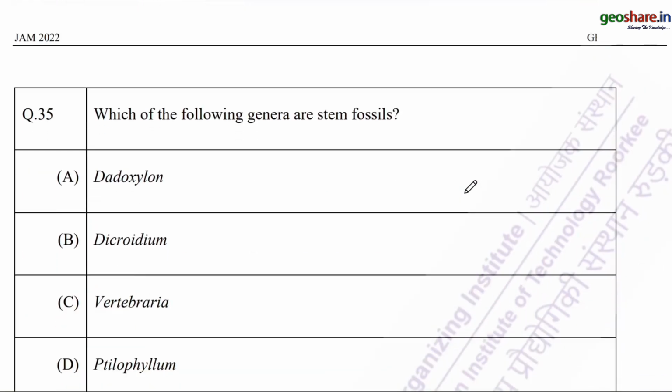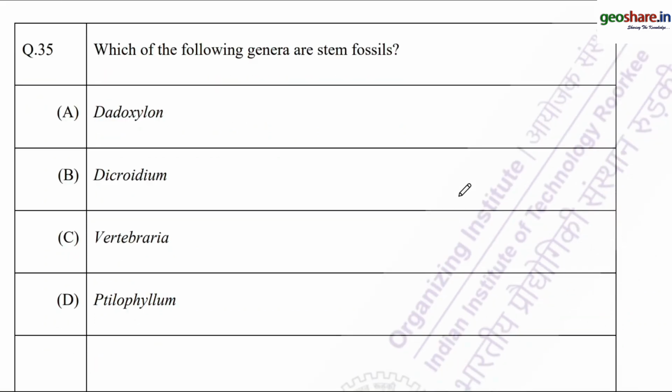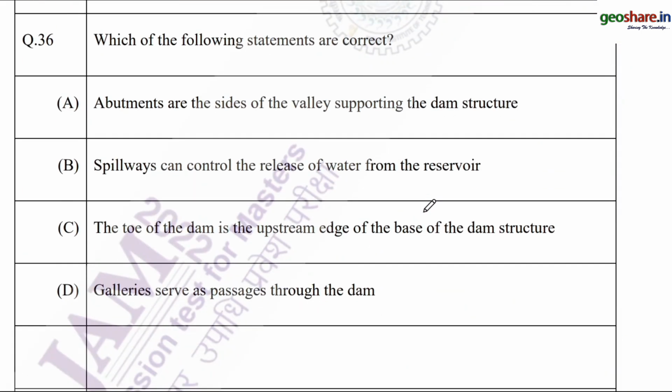Which of the genera are stem fossils? A or AC? This one or these two? Which one of the following statements is correct?